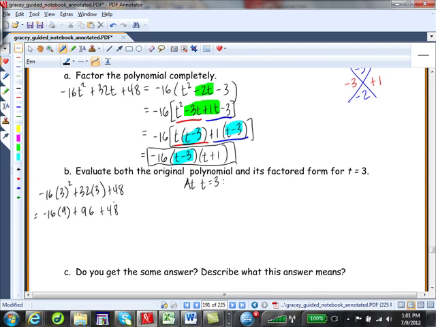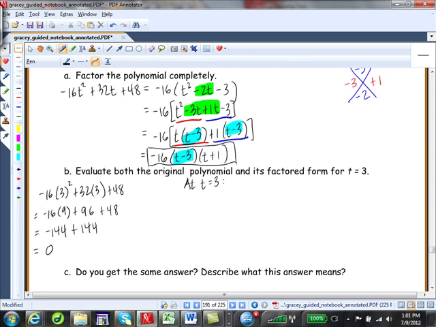Right. And I don't want to make up my own math, so let's go ahead and grab the calculator so I don't make a little error. 16 times 9 is 144, so -144. And then we can combine 96 and 48 to get 144. Oh, interesting. So it looks like we'll get a result of 0 when t is 3.